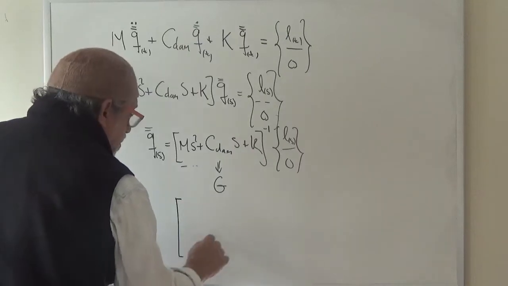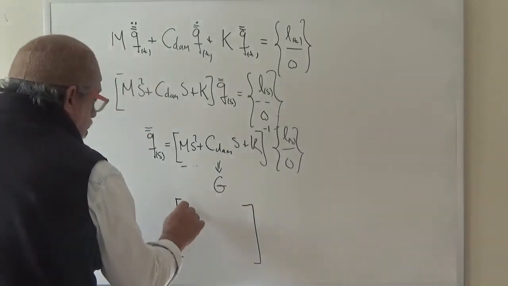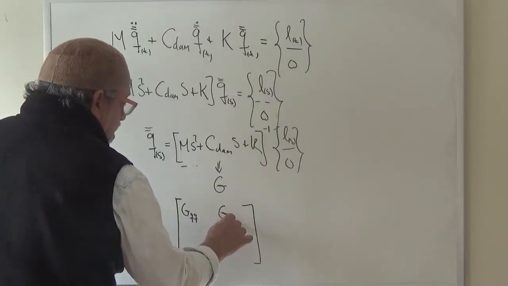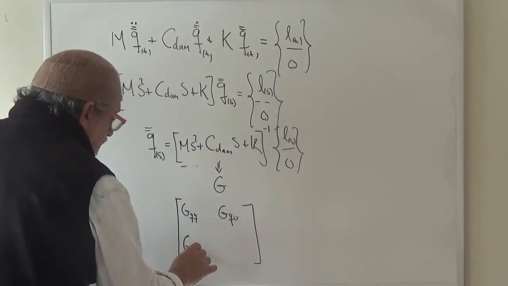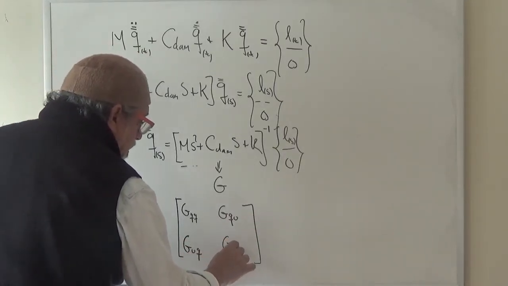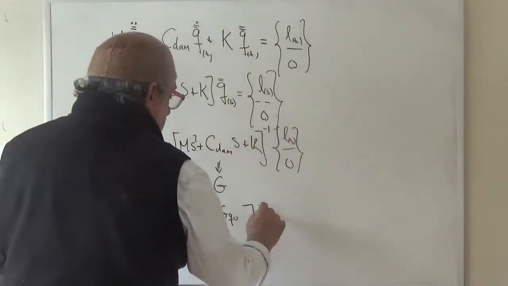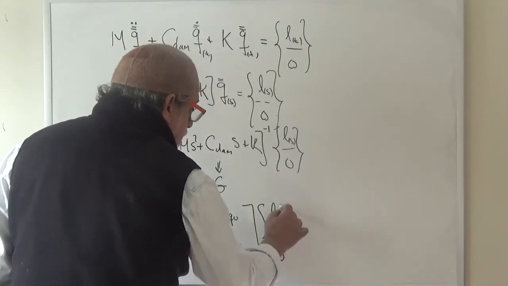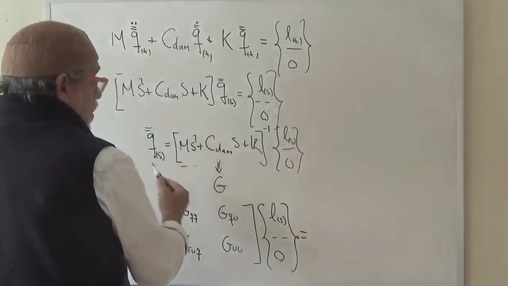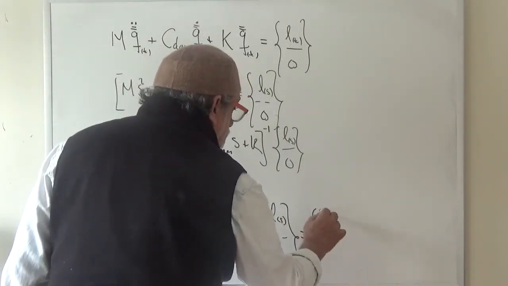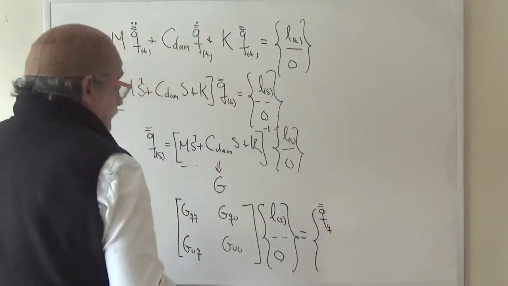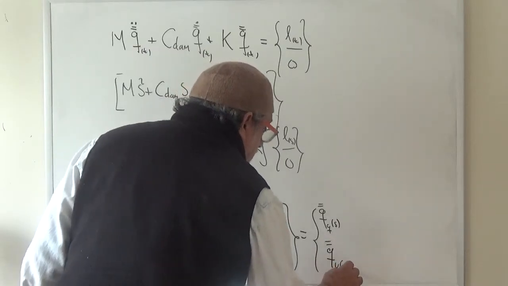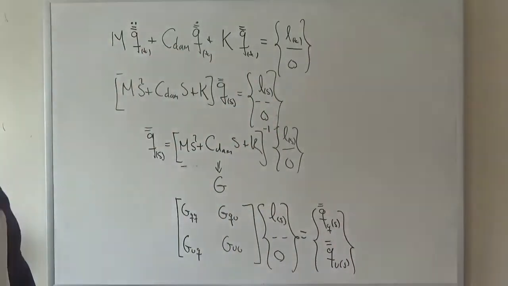The transfer matrix G, given our order, would be G measured-measured, G measured-unmeasured, G unmeasured-measured, and G unmeasured-unmeasured, multiplied times L of s at the measured coordinates and 0, which was on that side, equal to these guys, which are q double bar at the measured coordinates of s and q double bar at the unmeasured coordinates of s. So that's what we've got.